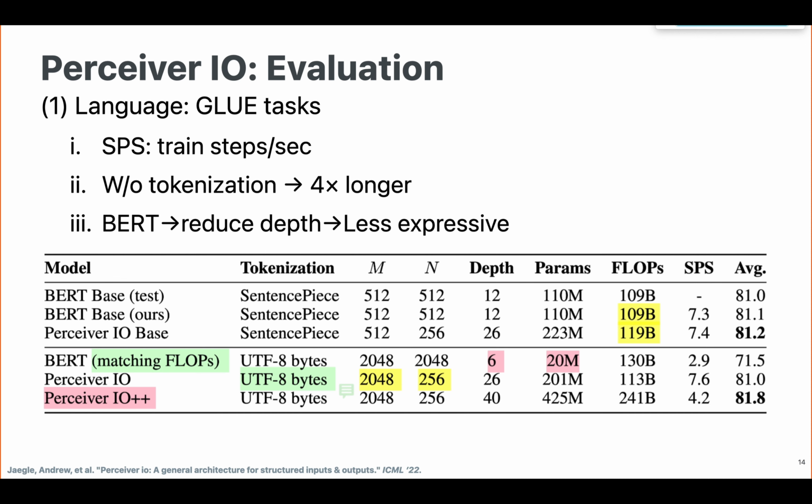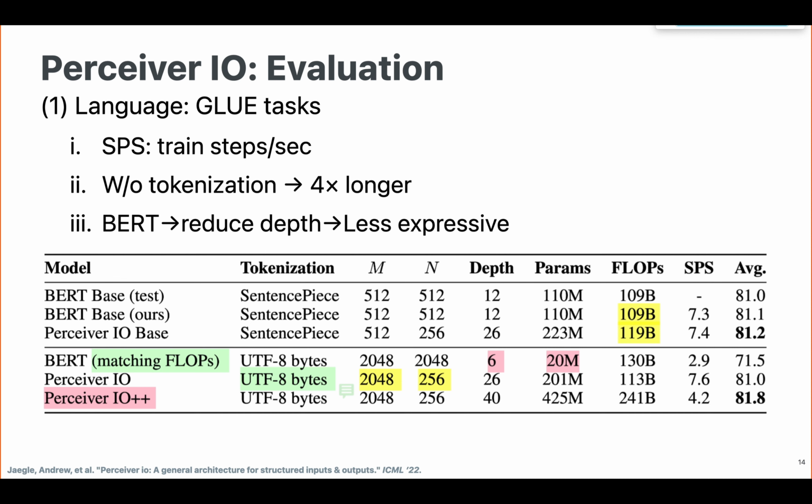For BERT, it really had to reduce the depth, because otherwise the model would run out of memory. But for Perceiver, because it's a general architecture and can efficiently process those long sequences, the latent size keeps the same, and it also achieves comparable results. I find it very interesting.